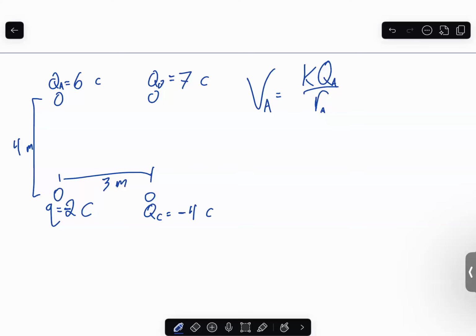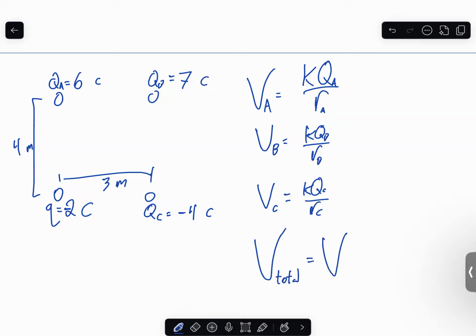Okay, so the voltage due to A, KQA over RA. Voltage due to B, KQB over RB. Voltage due to C, KQC over RC. The total voltage, you'll never believe this, is you just add them up. That's it. There's nothing to it.